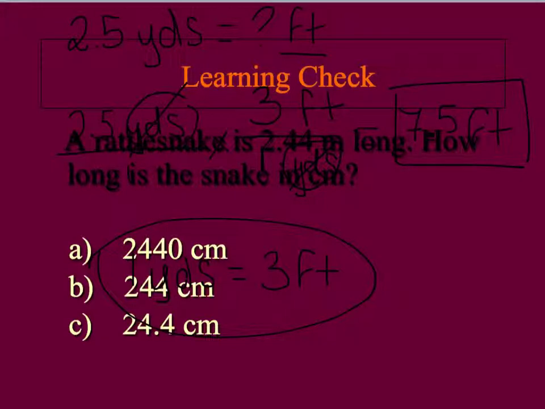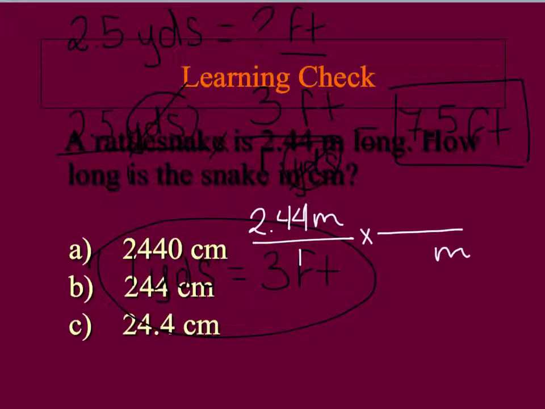Here's another example question you could do. So it says a rattlesnake is 2.44 meters long. How long is the snake in centimeters? So our given is 2.44 meters. We need a conversion factor with meters on the bottom so that our meters can cancel, and we want to go to centimeters.